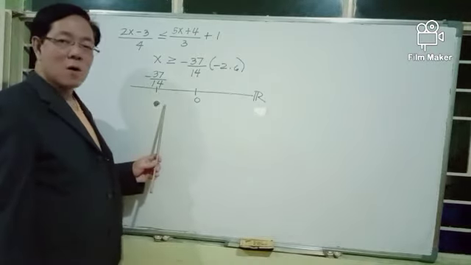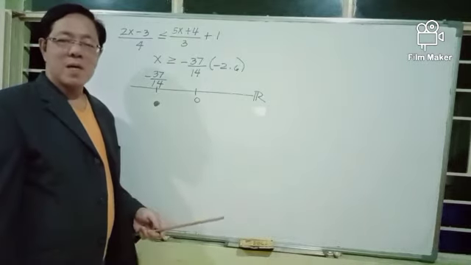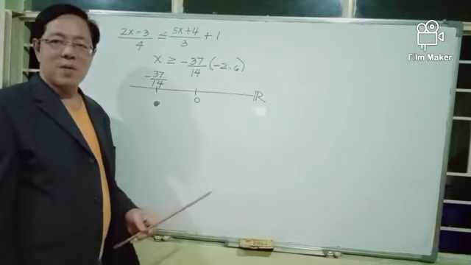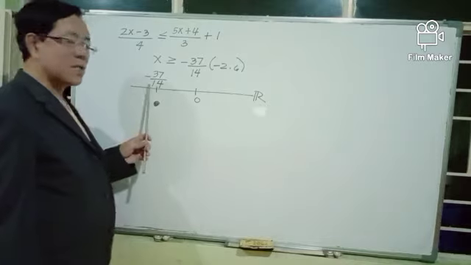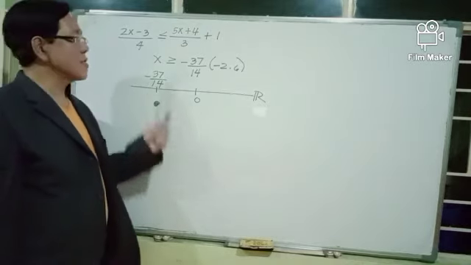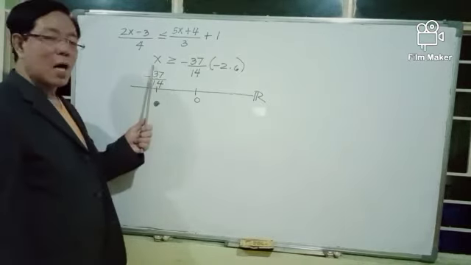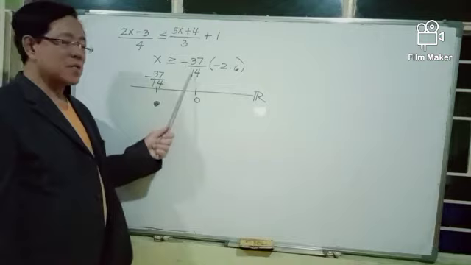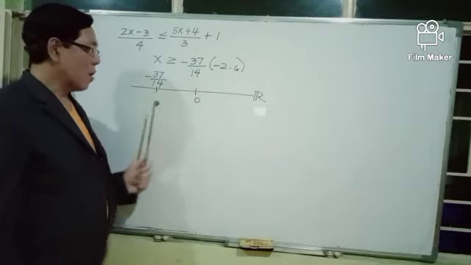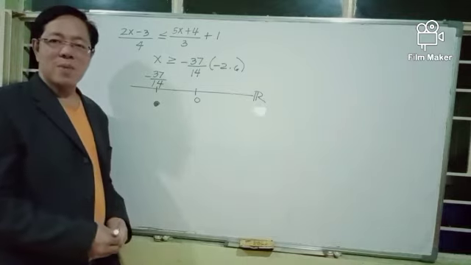Or all the real numbers to the right up to the very, very large positive real number are greater than negative 37 over 14. And thus they are also solutions of the given linear inequality. Our solution is from negative 37 over 14 and all the real numbers greater than. And we indicate that by this arrow.